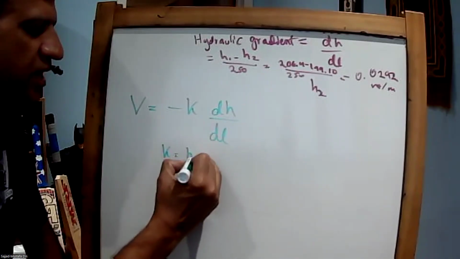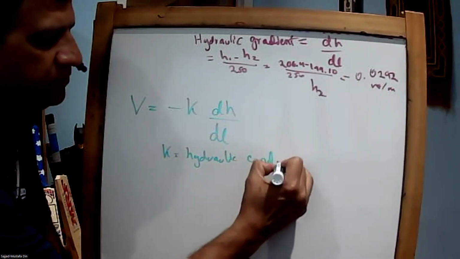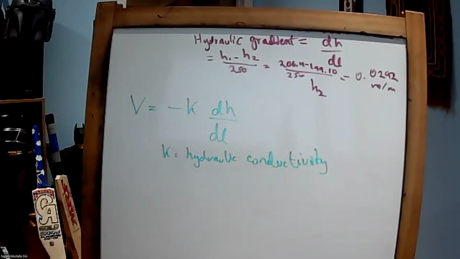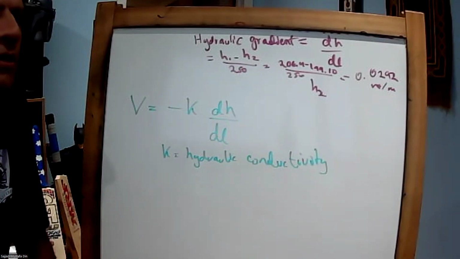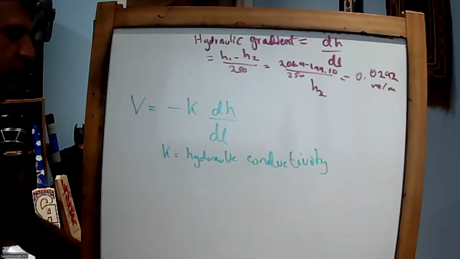K is equal to the hydraulic conductivity, which is a parameter that tells us how fast water can flow in that aquifer. It's a concept we're going to definitely dive into in a lot more detail.